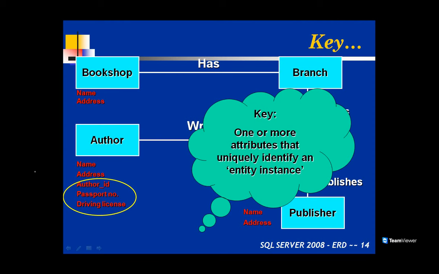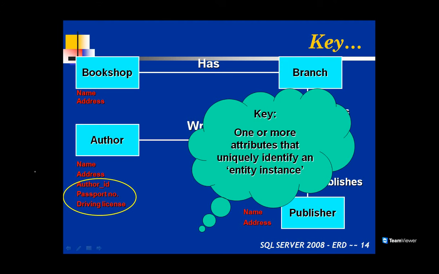When I say author ID, passport number, driving license number, all these are called keys. Many attributes are keys here, because author ID can be used to identify a single student or single author. You can use PAN card number or passport number.